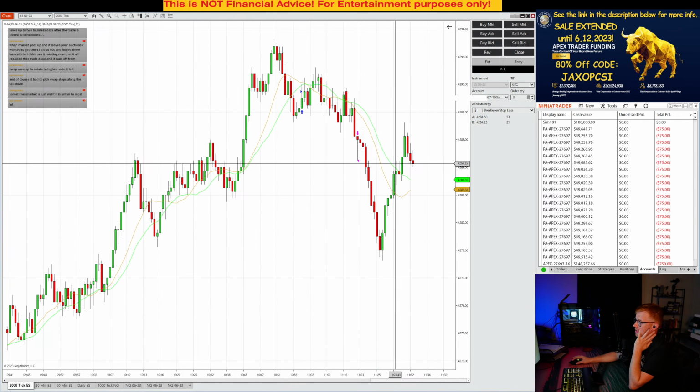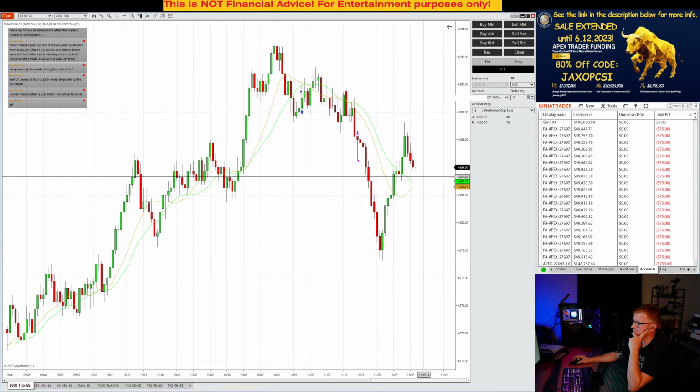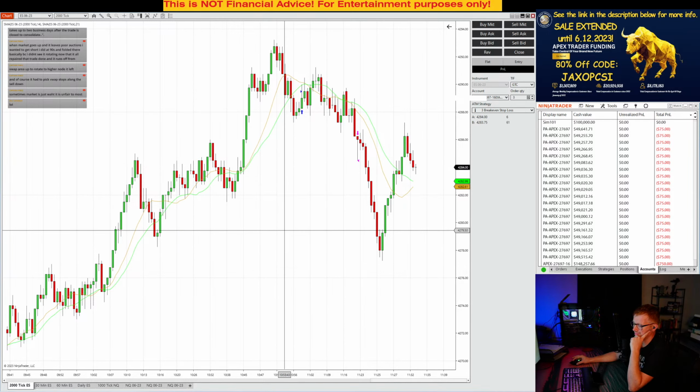I'm really thinking about entering short here. Which means I'm actually going to enter long. See what I did there? I just tricked the market. Market thinks I'm going short, but I'm actually going long. I'm just kidding.